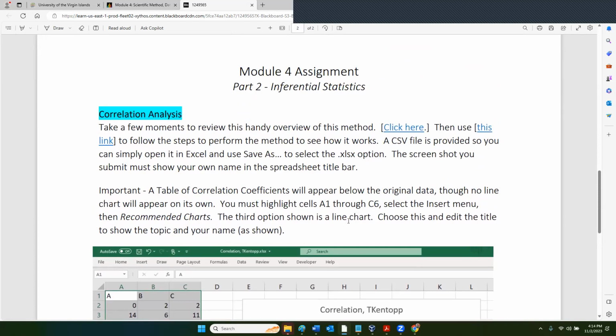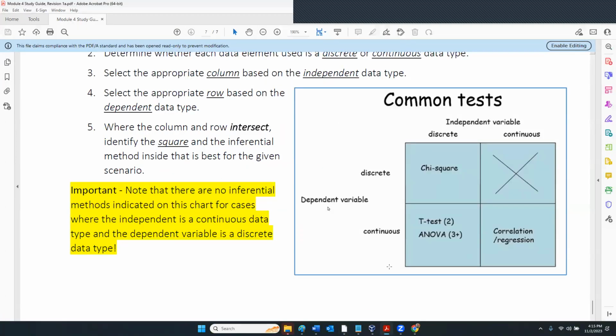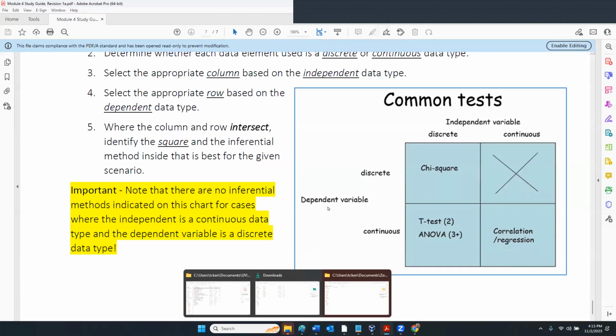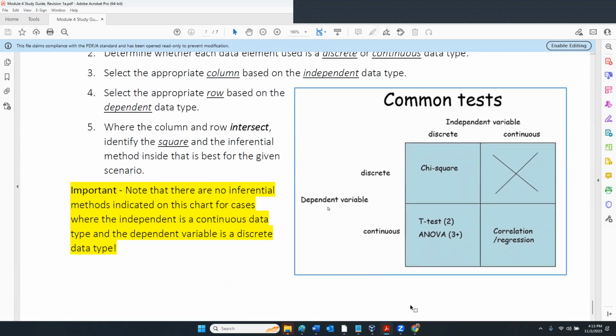There's additional detail on how that works in the study guide and in the slides that we have. So the goal is to determine whether or not there's a correlation or linear regression.